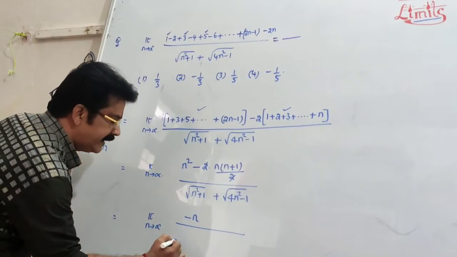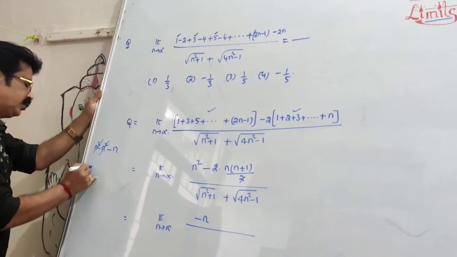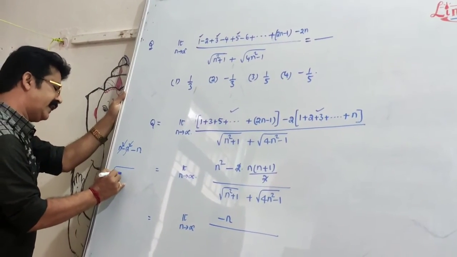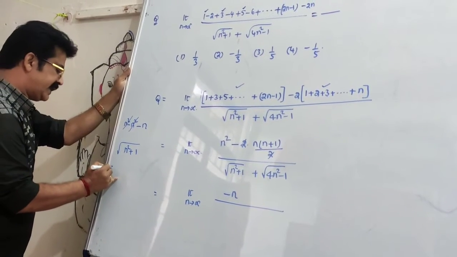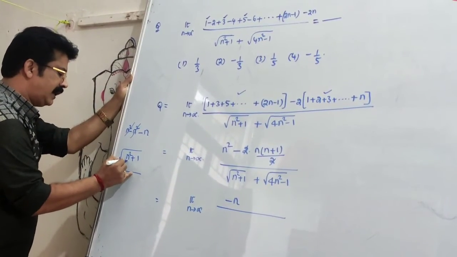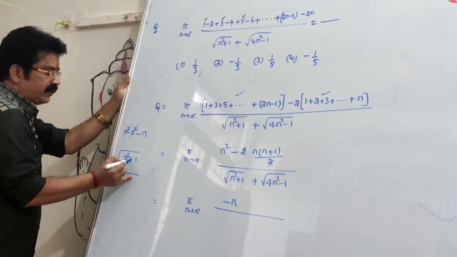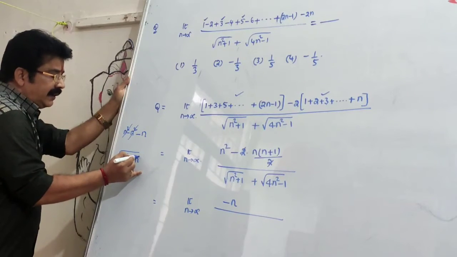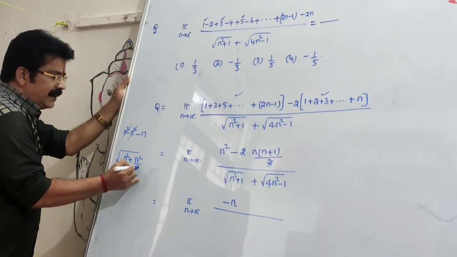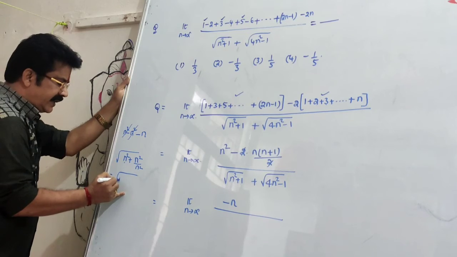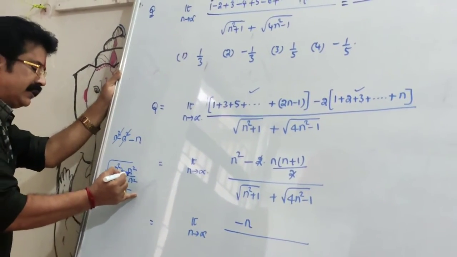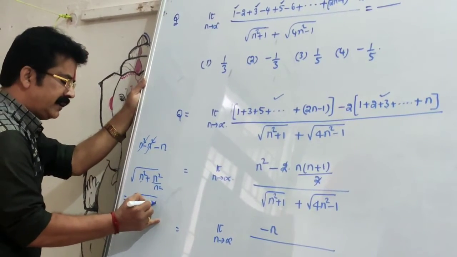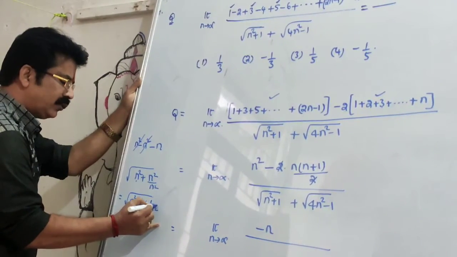Here we can take the given term, square root of n square plus 1, which is equal to square root of n square plus n square divided by n square, taking n square common. So 1 plus, n square will be outside, then it remains 1 by n square.